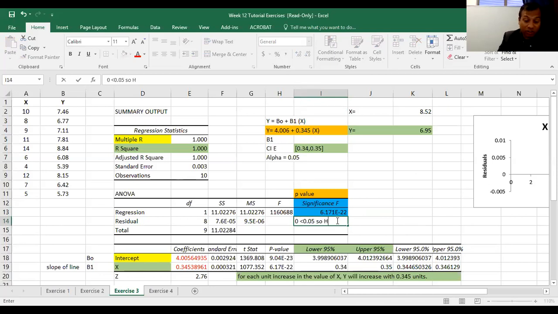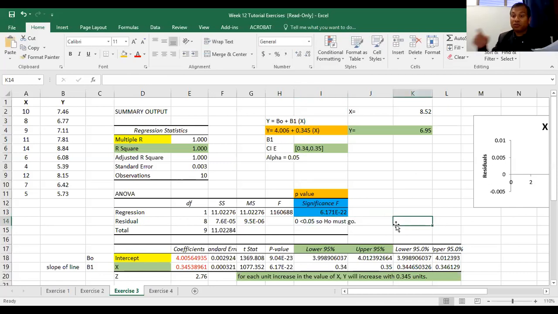So H naught must go. What is H naught? There is no relationship. H naught must go means we found the support, the claim for the alternative. That means there is a significant relationship between X and Y.